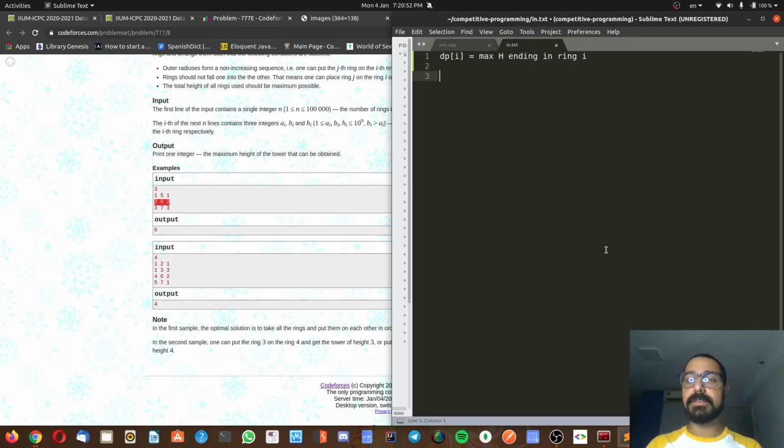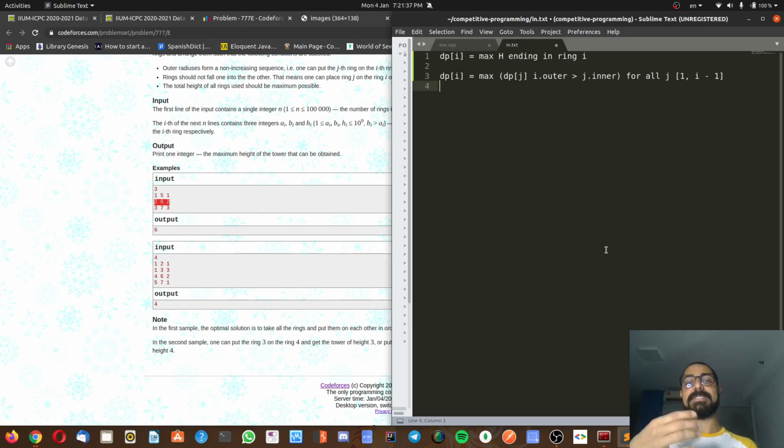So how can we calculate this dynamic programming? dp of I will be the maximum value of dp of j, the previously calculated values, such that outer of I is greater than inner of j, for all j from 1 to I minus 1.